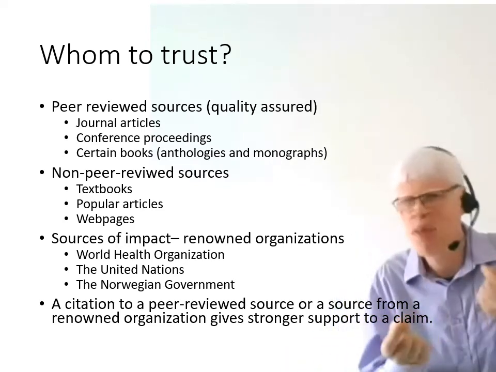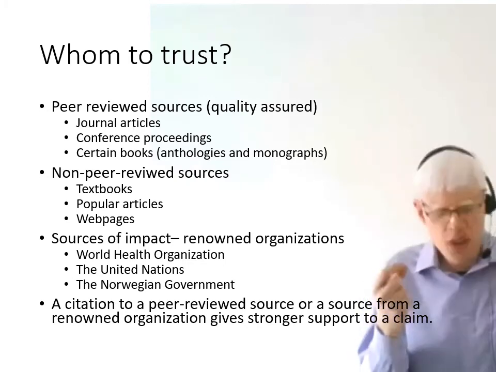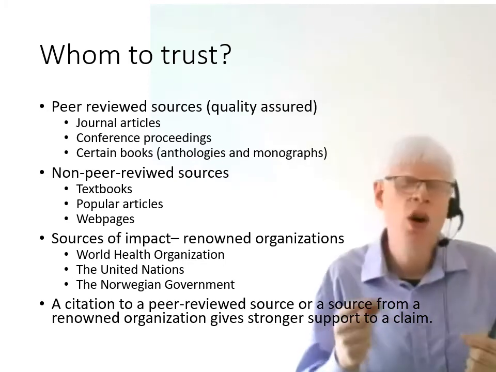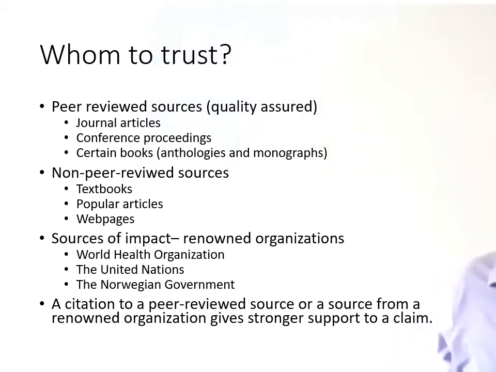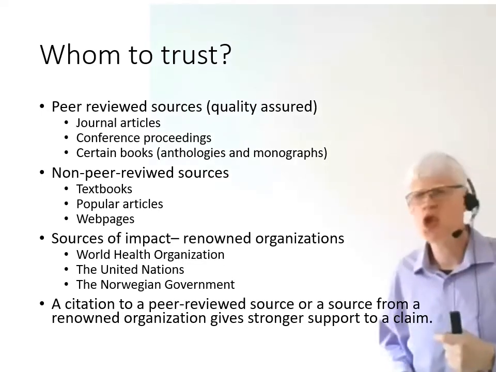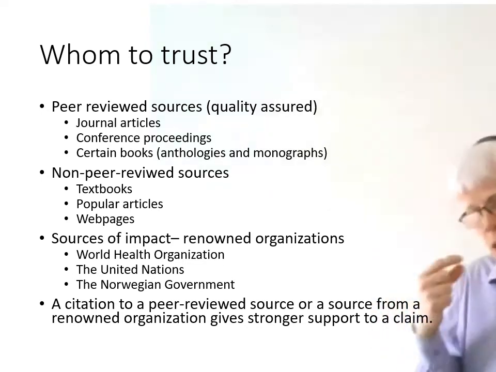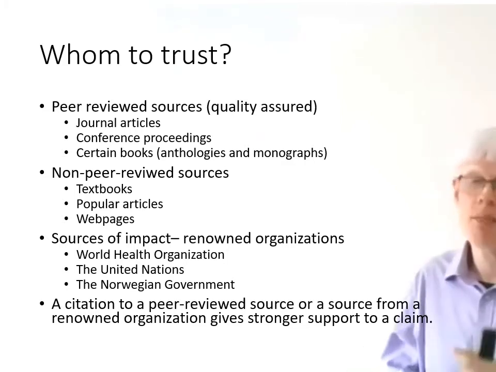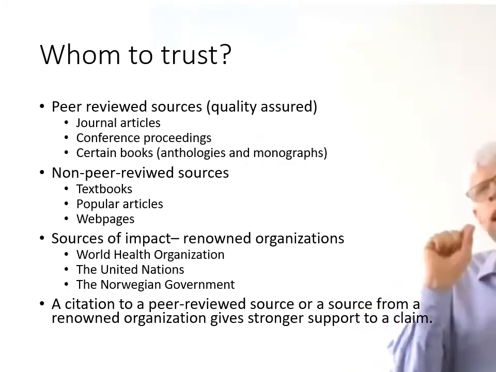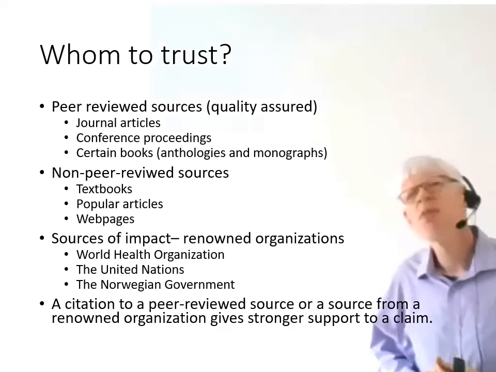It's maybe an academic work, you could say, but it's not a peer-reviewed source. So very few of the books you had as a bachelor student have been peer-reviewed. They have been quality assured, they have checked the language, etc., but not the content. So they are not reliable sources.